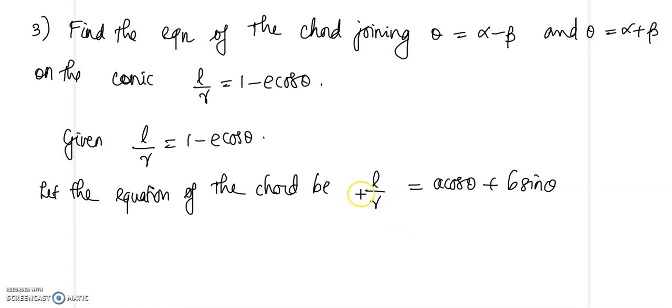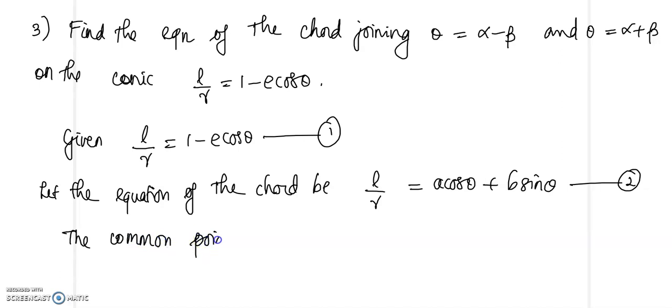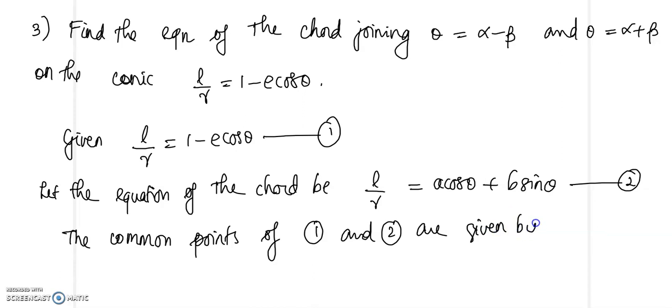Now the conic and the chord will intersect each other. So the common points are obtained by equating both the equations. Let us call this equation 1 and this equation 2. So the common points of 1 and 2 are given by 1 minus e cos theta equal to A cos theta plus B sin theta.